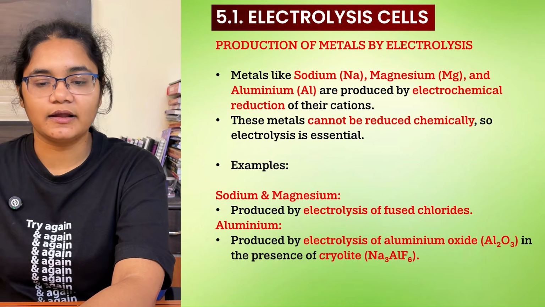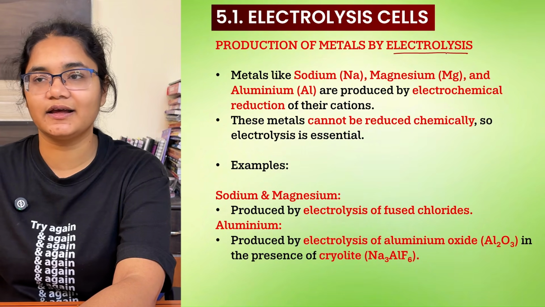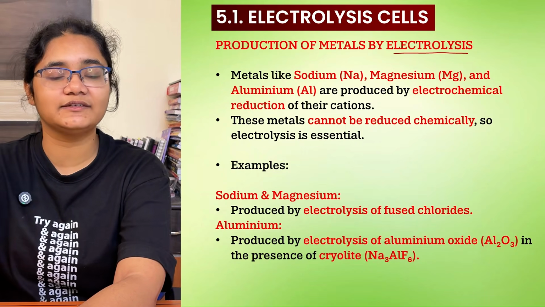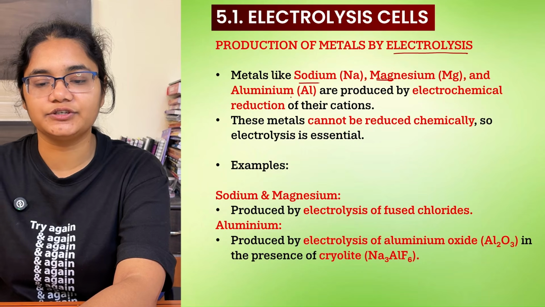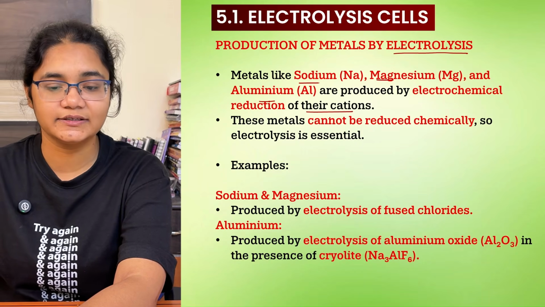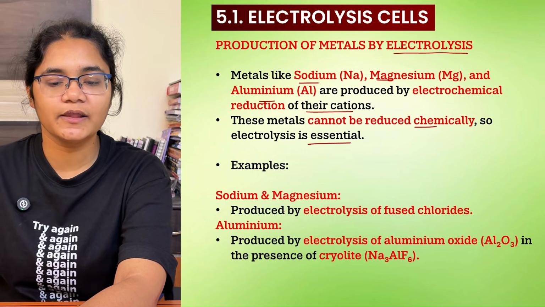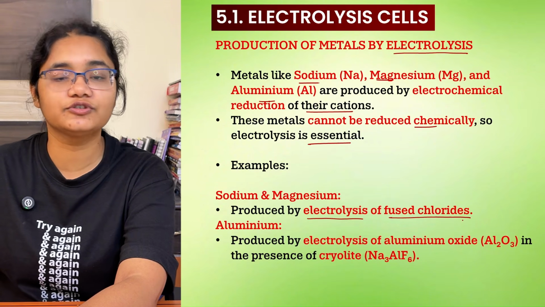Next, there are some other uses also. Production of metals by electrolysis. If you have studied the extraction process in class 10th, that is metal extraction, there electrolysis was used to get pure metals, right? Metals like sodium, magnesium, aluminium are produced by electrochemical reduction of their cations. These metals cannot be reduced chemically, so electrolysis is essential. Sodium and magnesium are produced by the electrolysis of their fused chlorides.